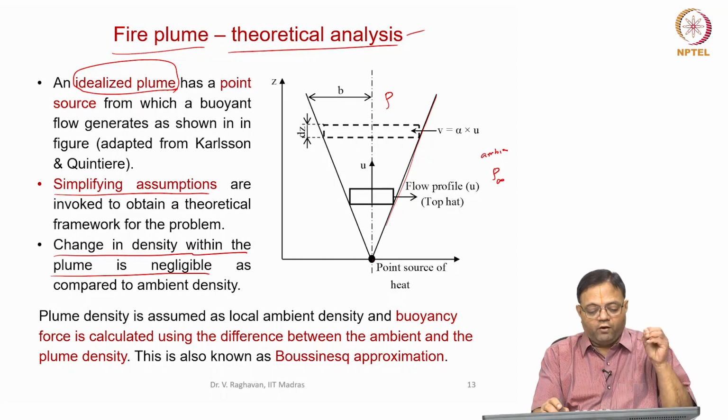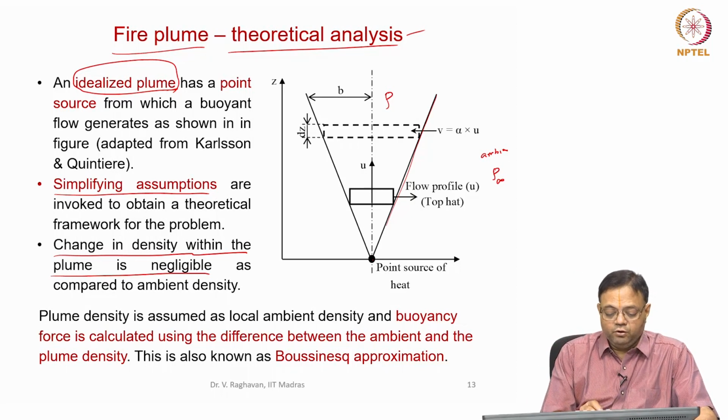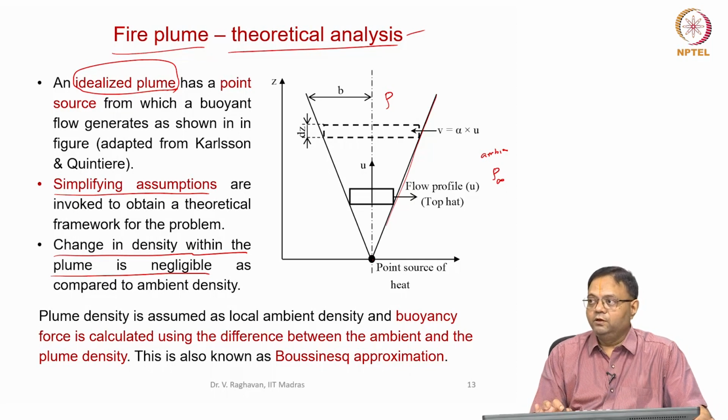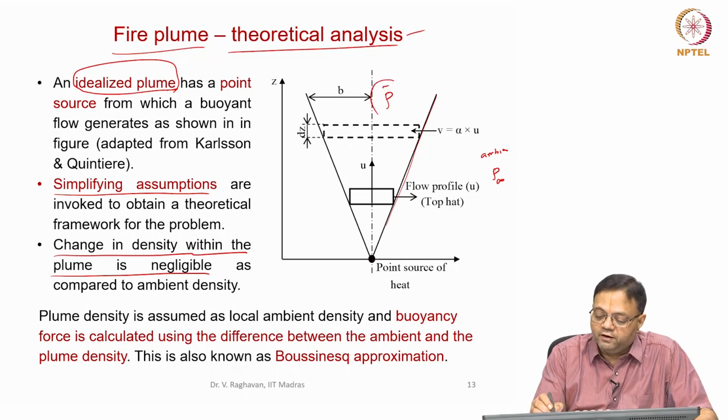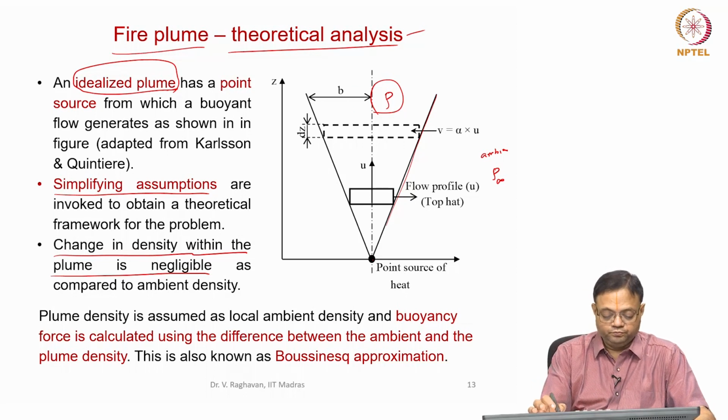But one of the simplifying assumptions is that the density within the plume changes in a negligible manner. So I can say some average density, I will not put rho bar, I will put just rho. Rho is the average density of the plume. That doesn't change. But please understand that temperature will change, no?